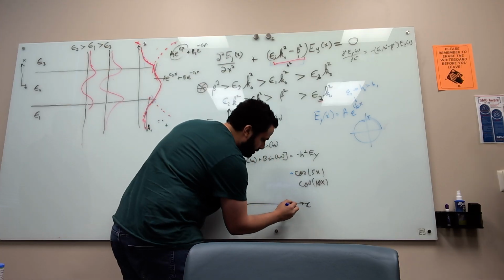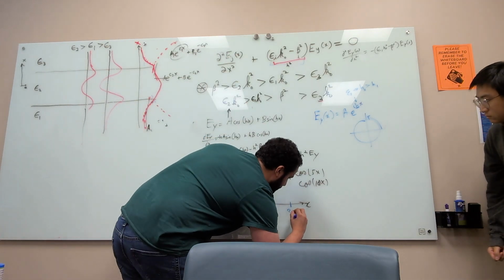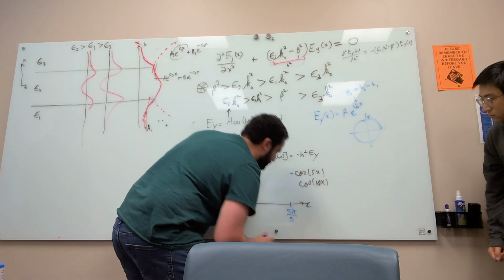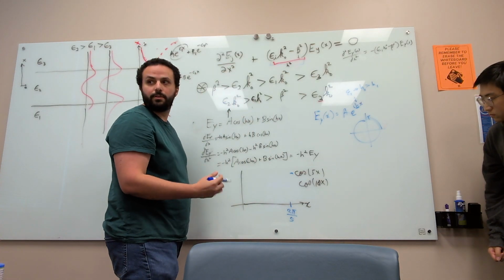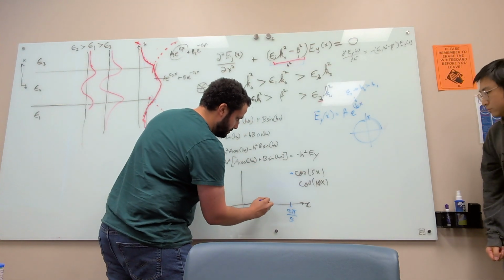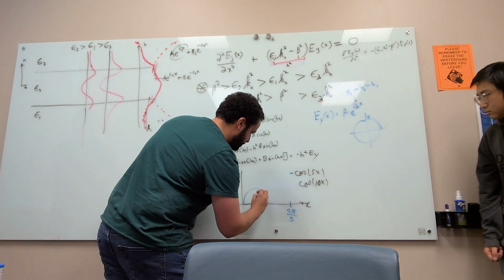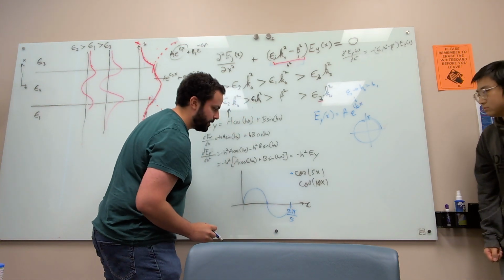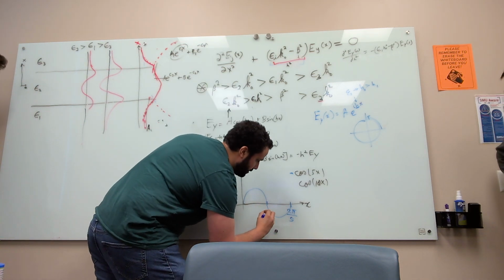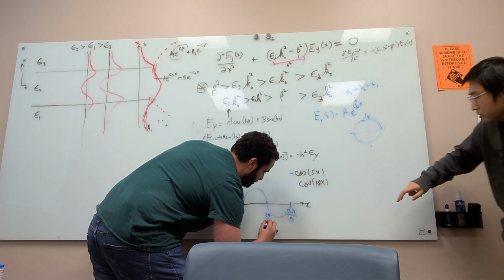It's going to oscillate more frequently. 2 pi over 5 is our period for the 5x, but then for the 10x, the period is 2 pi over 10. Yeah, so then it would oscillate faster.